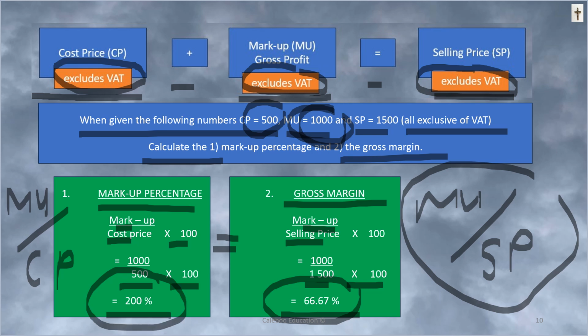Because we're taking, in the second case, the markup over a bigger number, the selling price. The first one was the markup on the historical cost price. But these are two methods that businesses can use to calculate their markup. Can be on the cost price or the selling price.